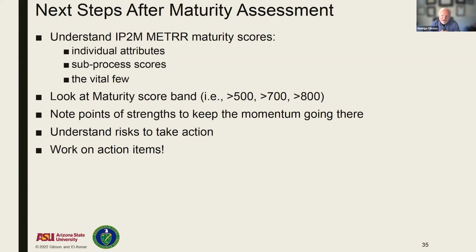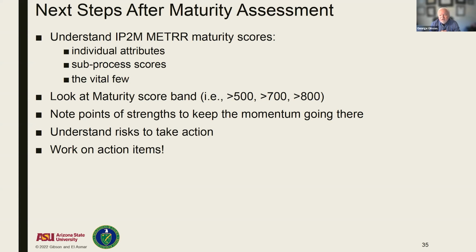And then you can look at the vital few, and we'll show you those. Those are the ones that had the highest scores amongst all the attributes that make up the maturity tool. We can look at where our maturity is. If we look at the total maturity score in this environment, if we're greater than 500, that's okay, but it's not good enough probably.